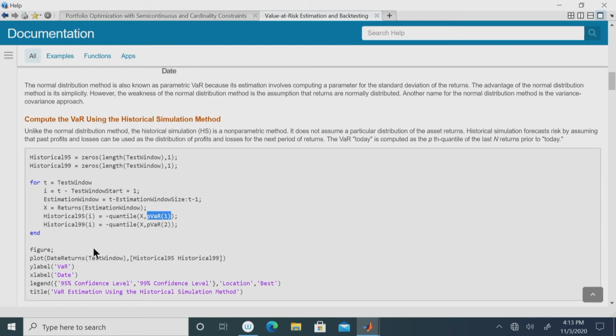And secondly, when you are looking at these 500 values of the historical returns and you are looking at a 99% VaR, you are going to pick up 1% of the 500 values, that means you are going to pick up the fifth value, and these can be related to the quantile x_p VaR 1 and the quantile x_p VaR 2.